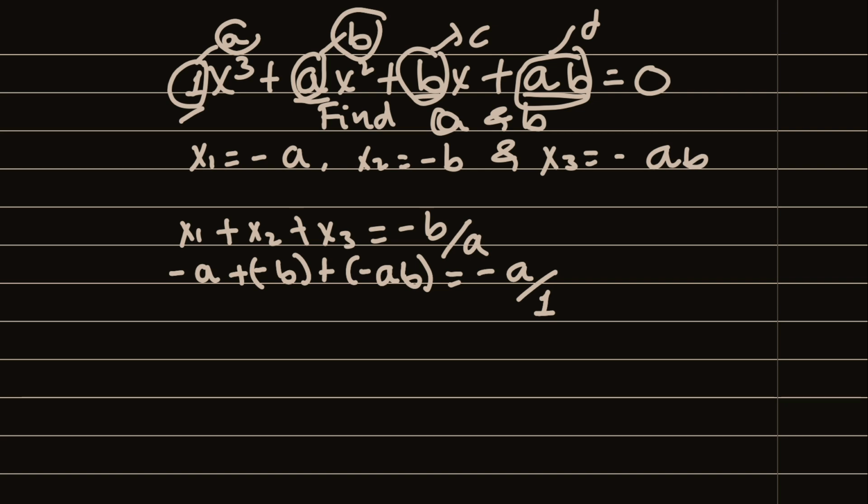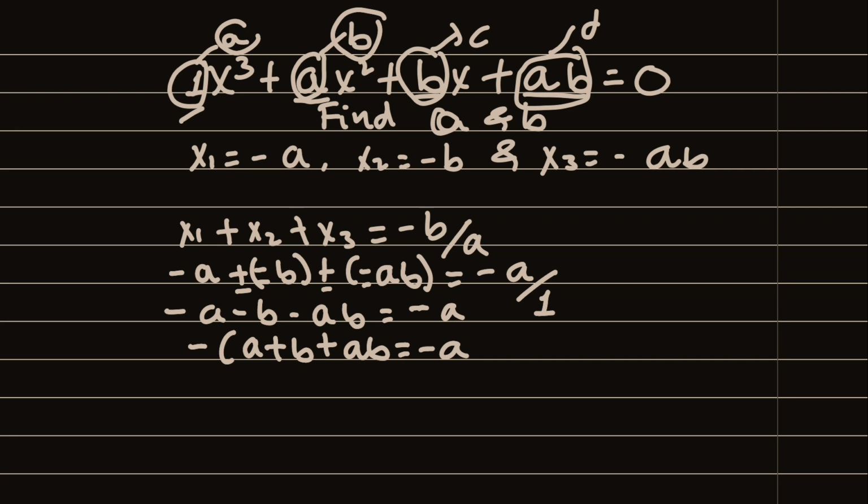Okay, minus a plus minus b plus minus ab equals minus a. We can simplify further. We can take a common minus, so it will be minus a plus b plus ab equals minus a.